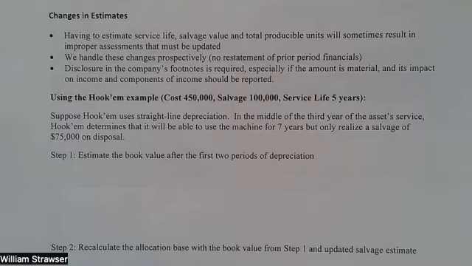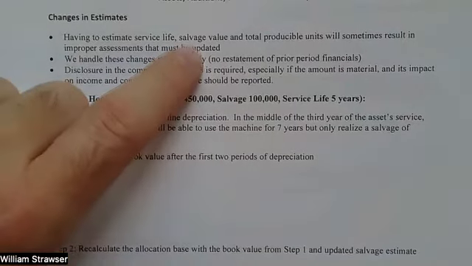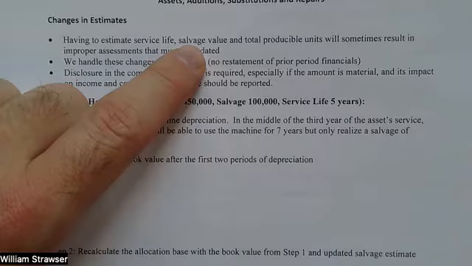We acquire something, and if it has a 15-year life, first we're estimating, okay, we bought this today, we think we're going to use it for 15 years. That's a pretty bold estimate, right? I mean, we might use it for 15, it might come up short, it might go a little longer, but our best guess today is 15. Same thing if we try to estimate a salvage value.